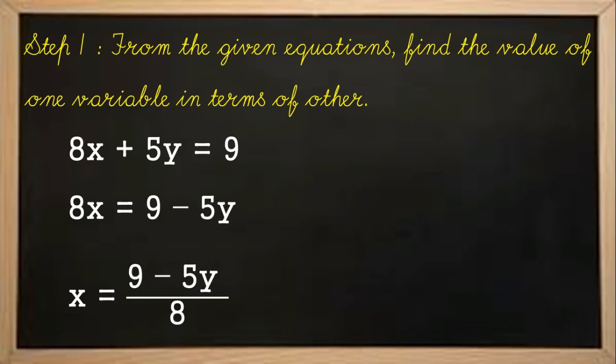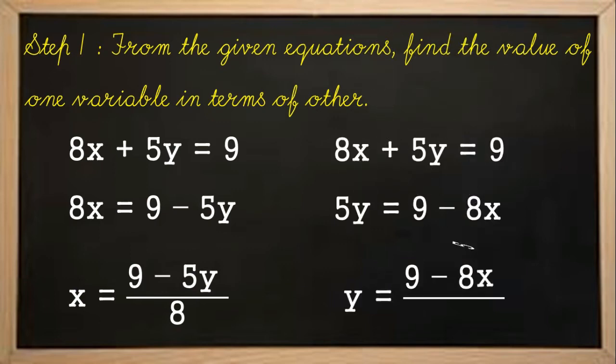That means now the equation is equated to x in terms of y, or it can be expressed in this way: 8x plus 5y is equal to 9, 5y is equal to 9 minus 8x, y is equal to (9 minus 8x) by 5. This is an option, children. Don't write down both the values. Only one we need to consider.